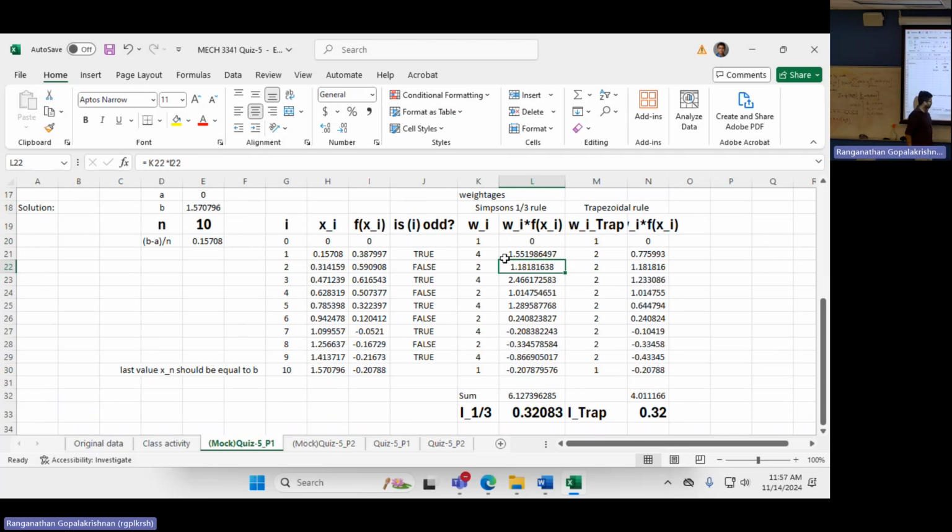Okay, so now look at this formula. It is 1/3 the width multiplied by the summation. The sum is this summation right here. So I have to take 1/3 multiplied by the width times the summation. If you do that, you're going to get 0.32083, which we don't know whether it's correct or not, right? We have to check it against the analytic value.